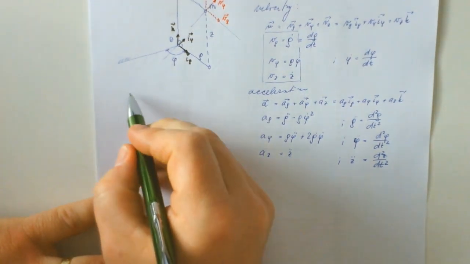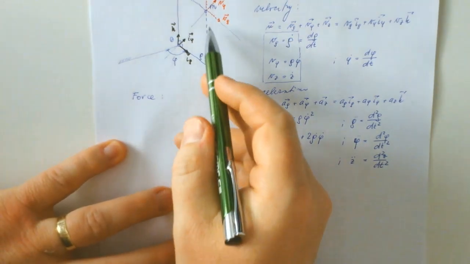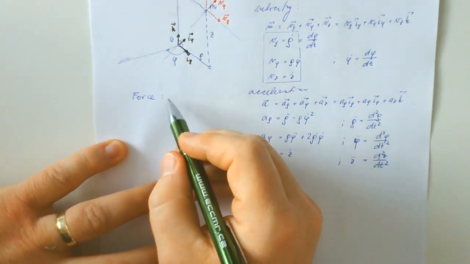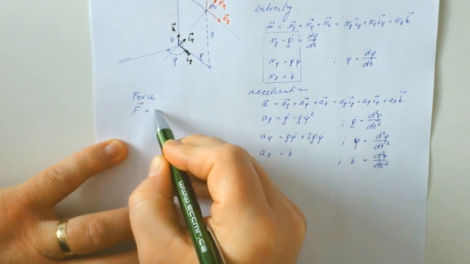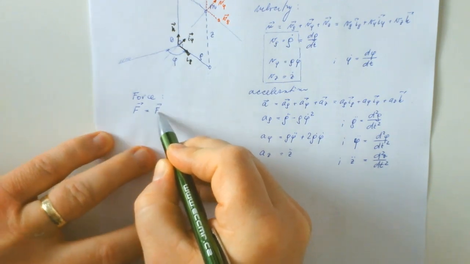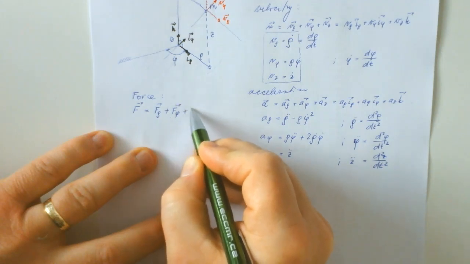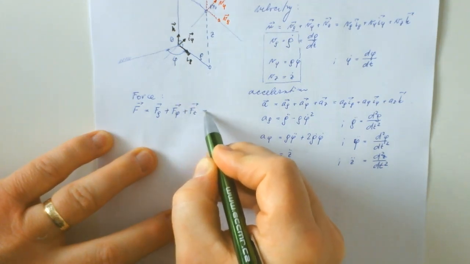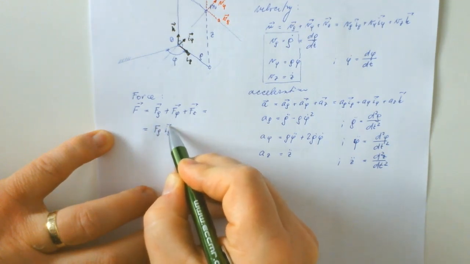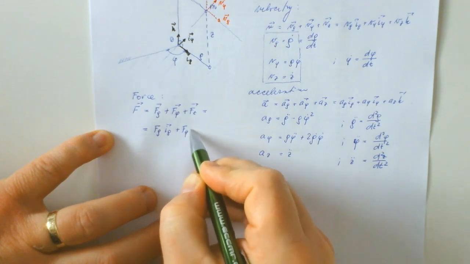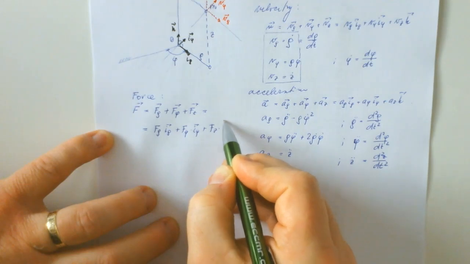What if some force acts on this particle? So this force must also be defined by components. So it has rho component, phi component, and z component. So it can be rewritten like this. It is F rho by I rho plus F phi by I phi plus Fz by k.